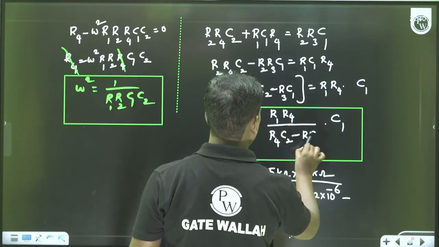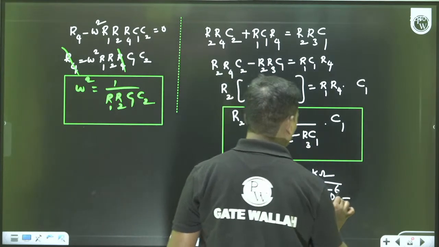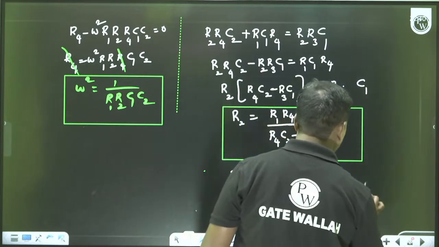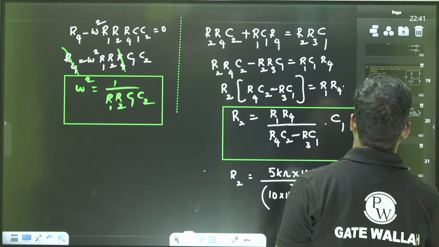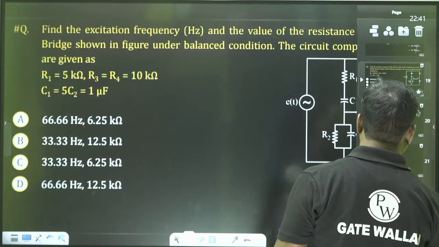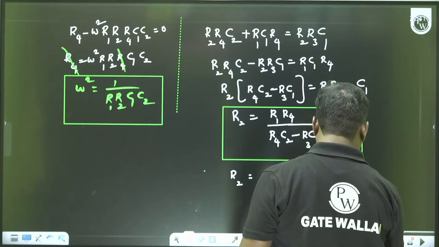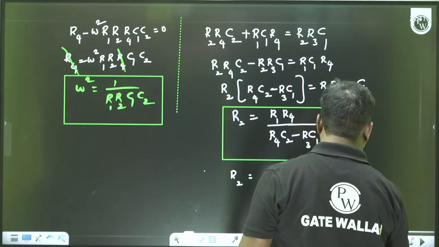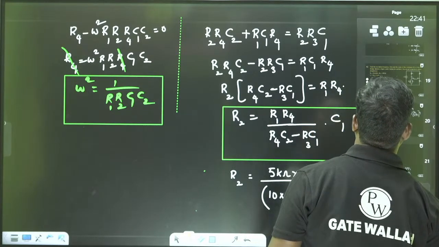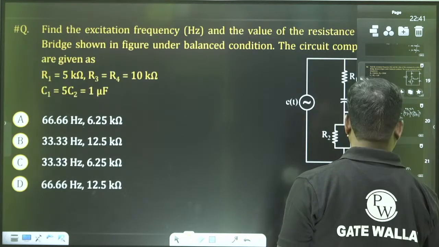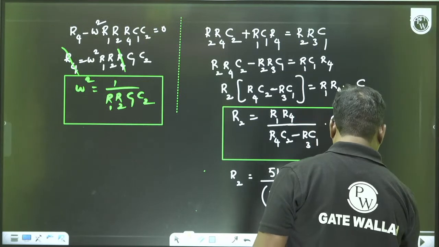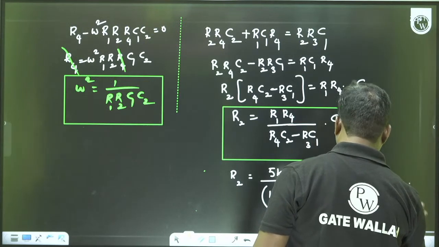R3 is equal to 10K, so 10 into 10 power 3 into C1. What is C1? C1 is equal to 1 microfarad, 1 into 10 power minus 6.